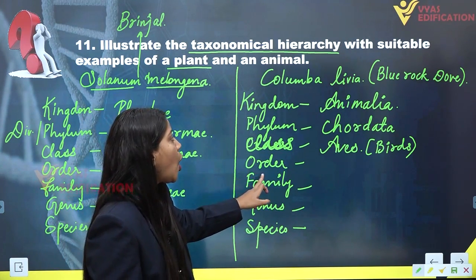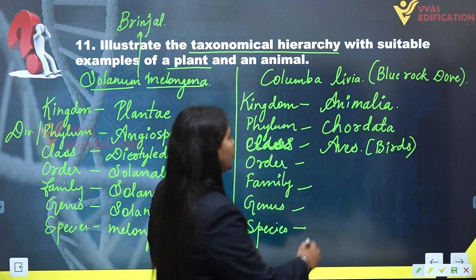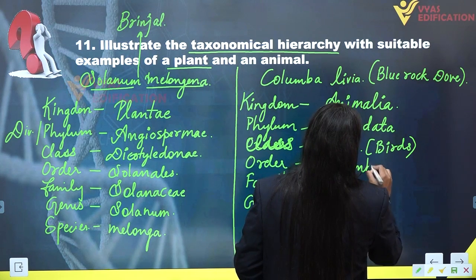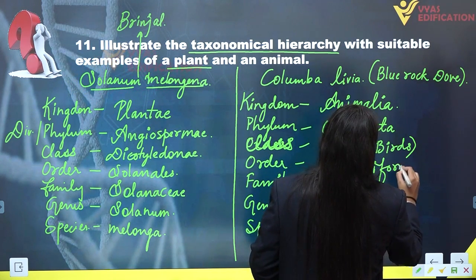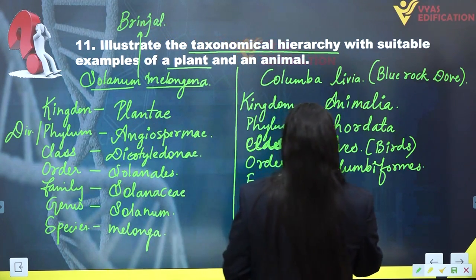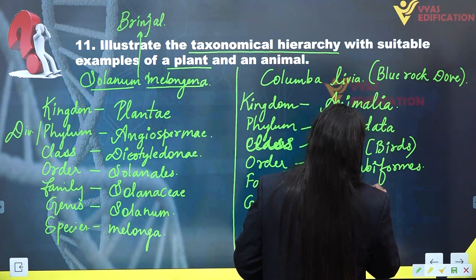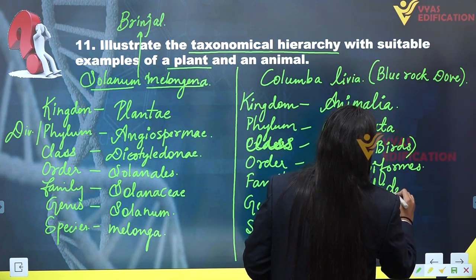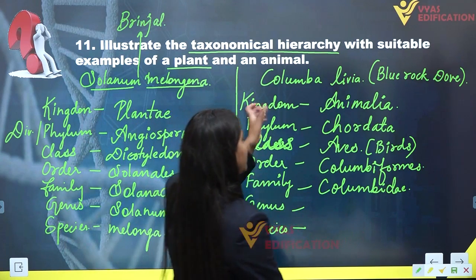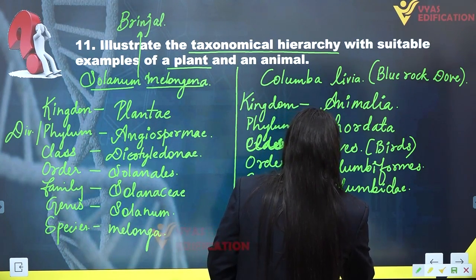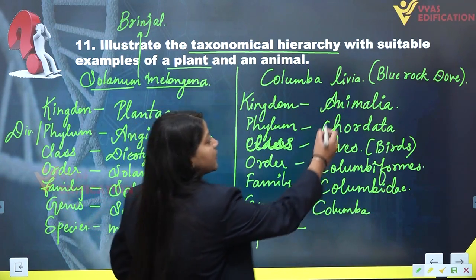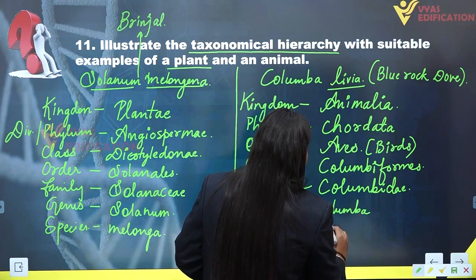If we talk about the order of Columba livia, it would be Columbiformes. The family would be Columbidae. Then the genus of Columba livia would be Columba, and last is the species, livia.